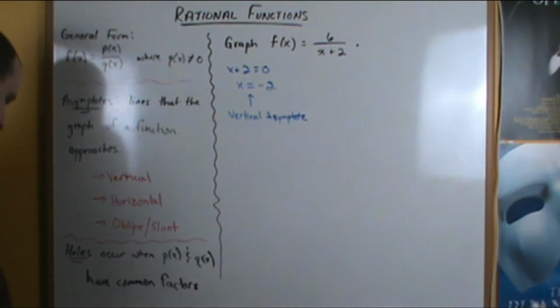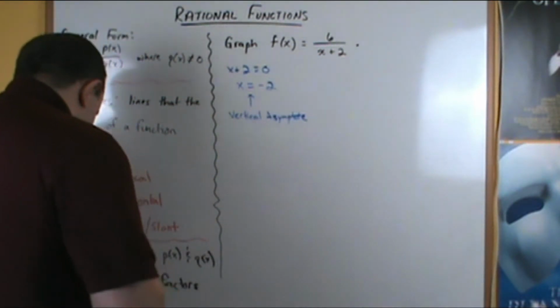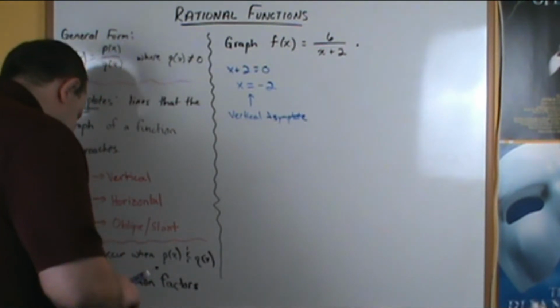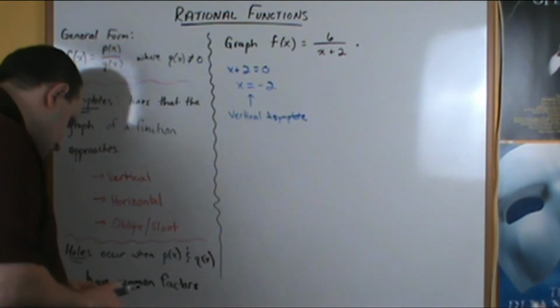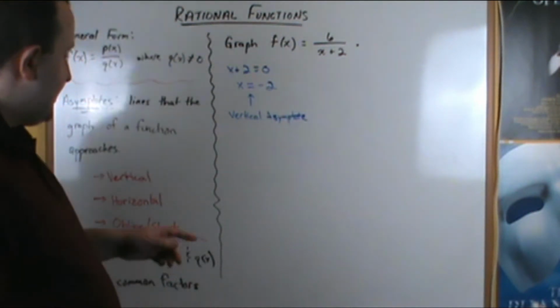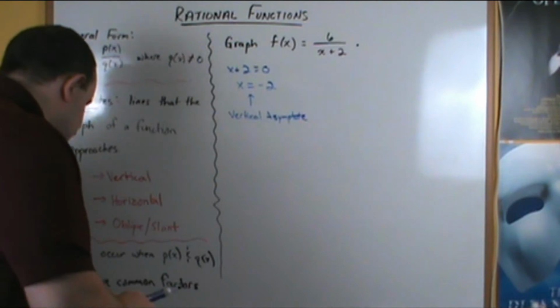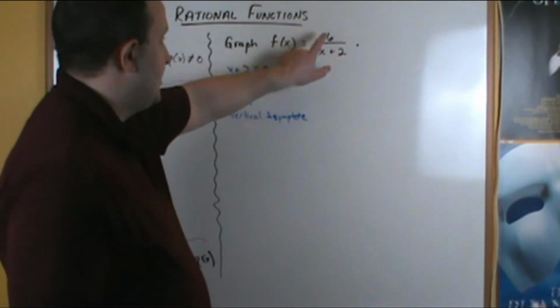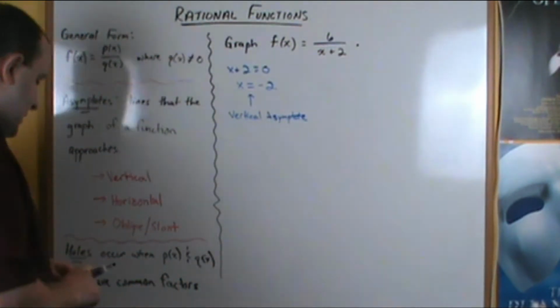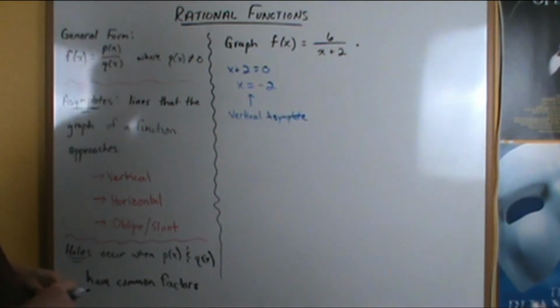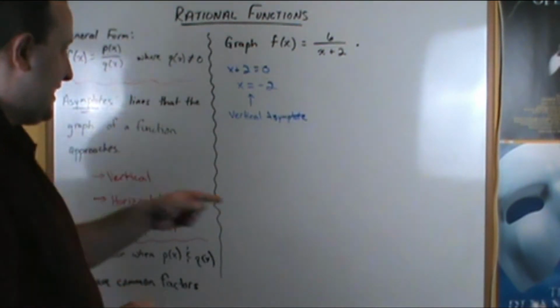Now, what we also should know, since the degree of the numerator is 0 and the degree of the denominator is 1, there's going to be a horizontal asymptote right at the x-axis.